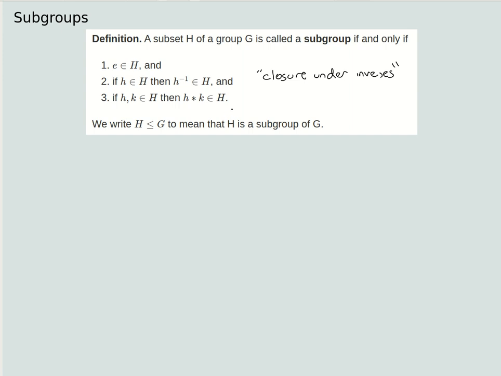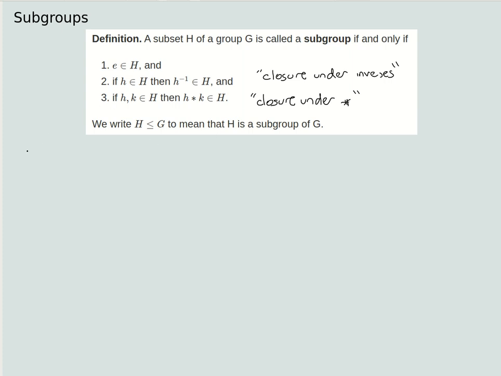And finally, property 3 says that if you've got two things in H, then their product under whatever the group operation is, is also in H. This is called closure under the group operation, or sometimes just closure. As usual, there's some special notation for saying that H is a subgroup of G. We write H ≤ G to mean that H is a subgroup of G.